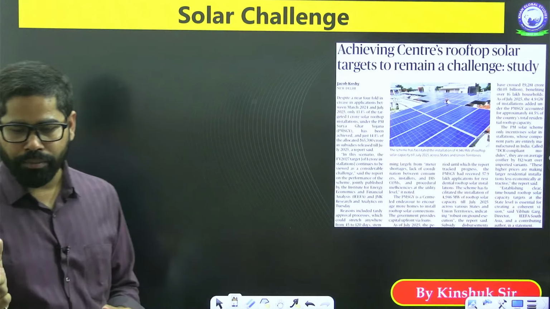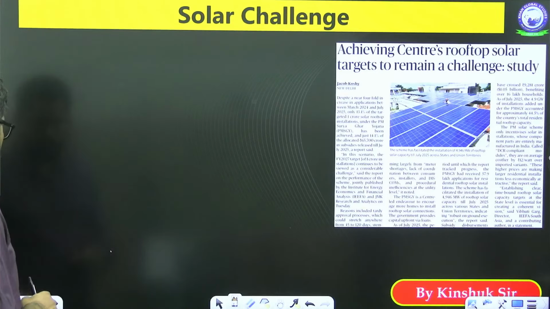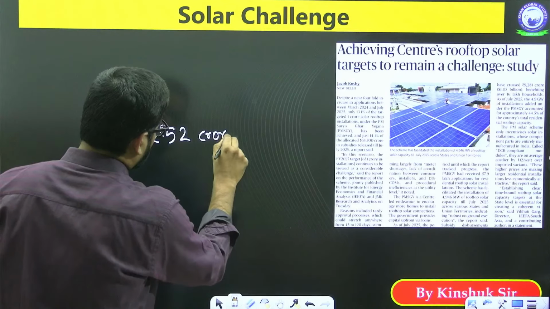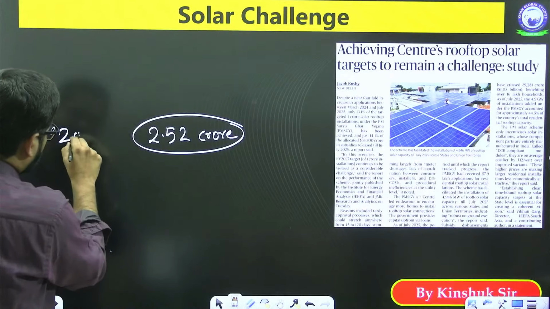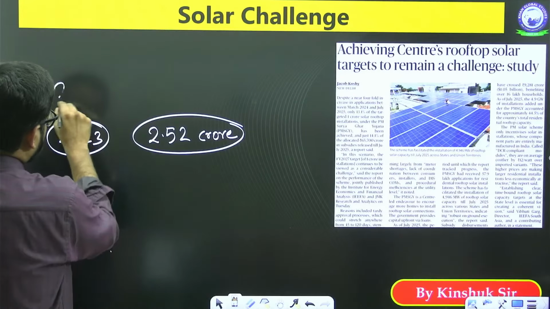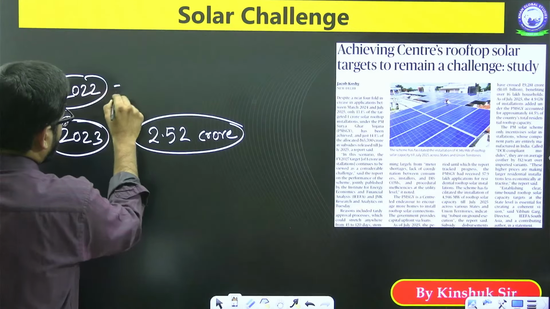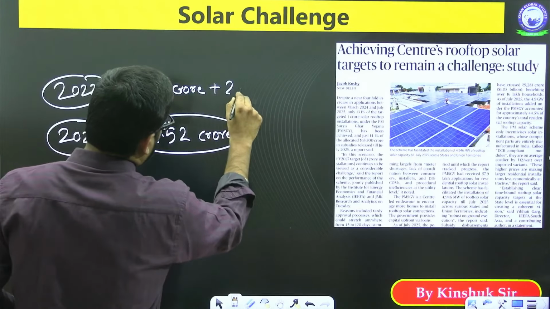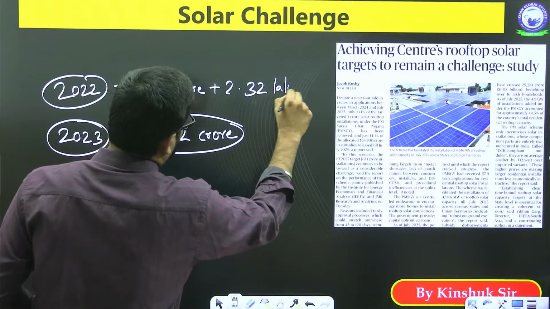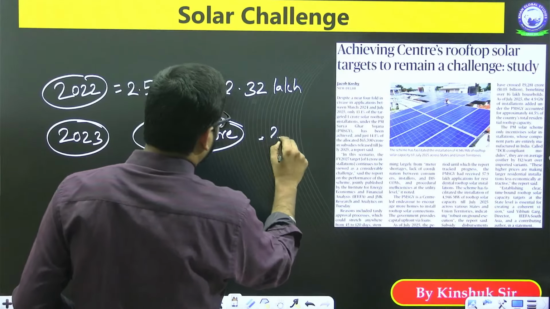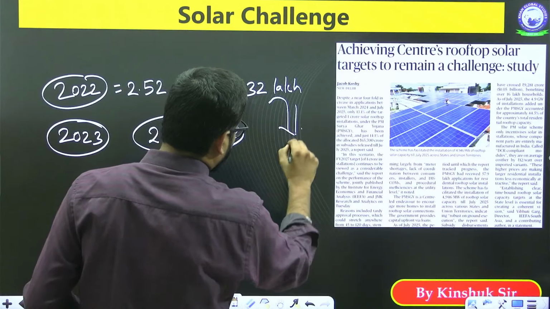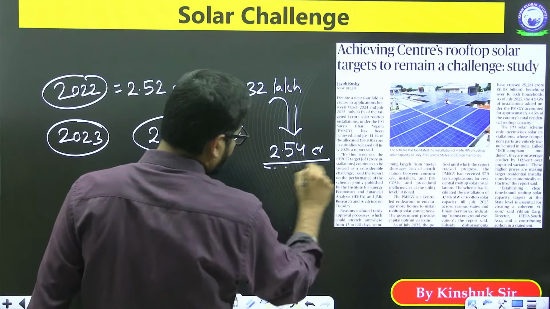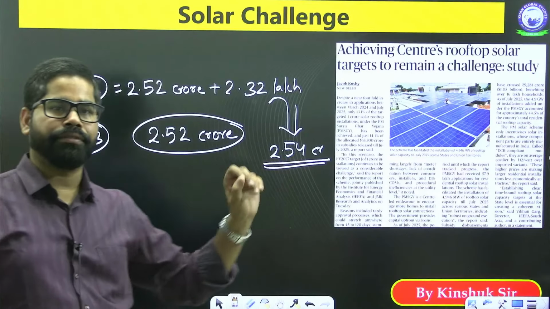No, Shyamu, see, there is one thing. What it was saying is that it is 2.52 crore in 2023. In 2022, it was 2.52 crore plus 2.32 lakh, which will be roughly equal to 2.54 crore.